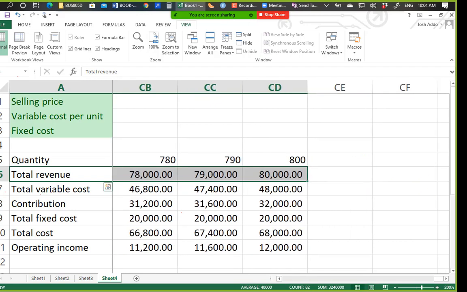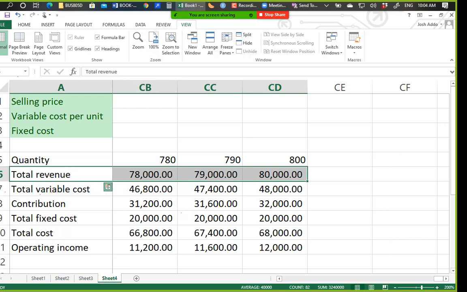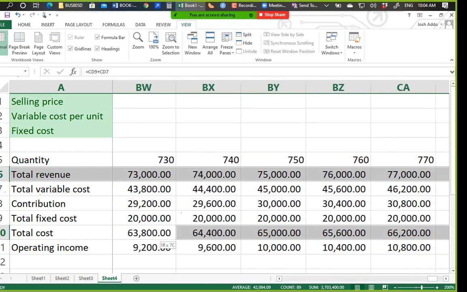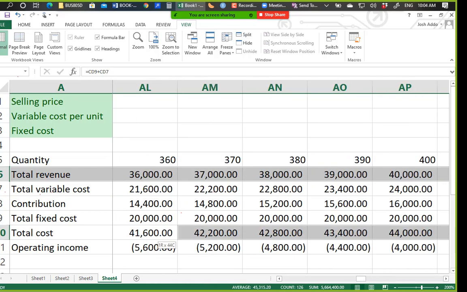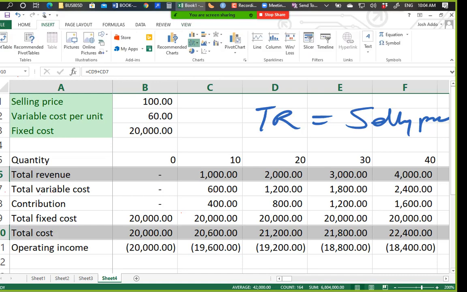And I'll control select the total cost. Of course, I can pick all of them and do a chart, but I want to show you step by step. So I come to insert, because I want to insert a chart, and let me do a line chart.